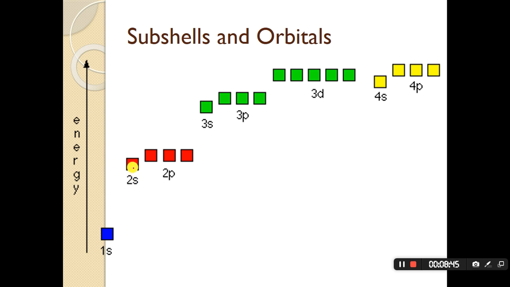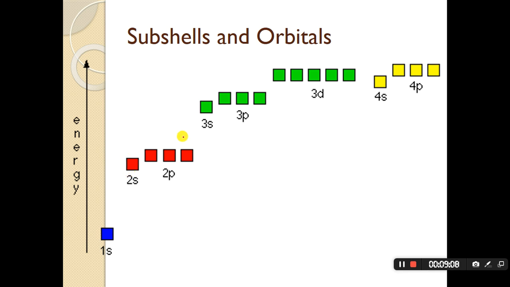Then we have the 2s subshell, which also contains just 1 orbital. The 2p subshell contains 3 orbitals, or 3 regions of space where electrons can be found, and each one can contain a maximum of 2 electrons, which is why this 2p subshell can contain a maximum of 6 electrons.